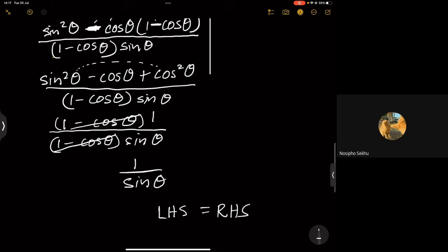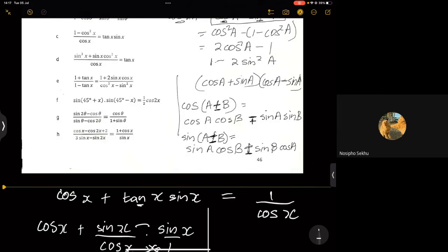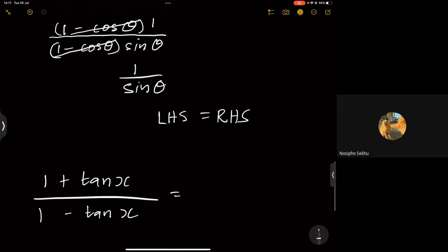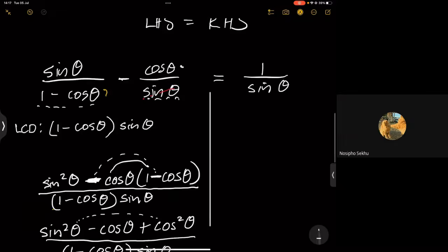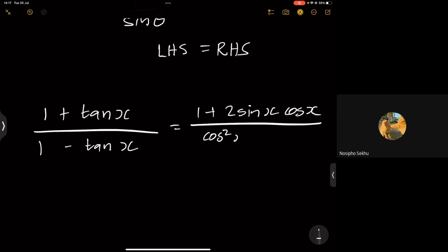Okay, and they wanted us to prove that this is equal to 1 plus 2 sine x cos x, divided by cos squared of x minus sine squared of x. All right.